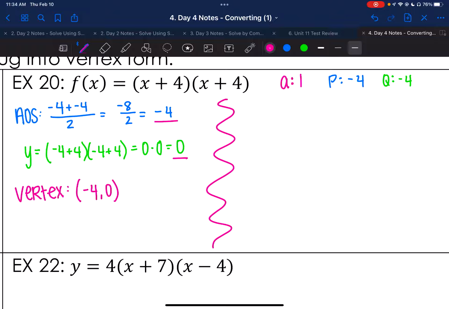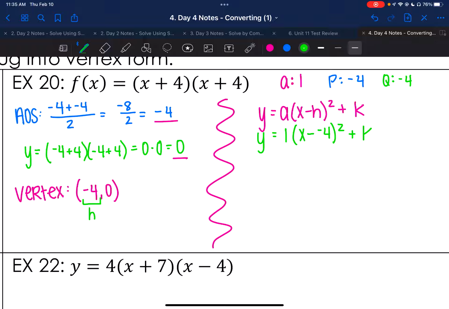Now we'll take that information and plug it into vertex form. My a value found originally was 1. x minus my h value, remember my h value is the x from my vertex, x minus negative 4 squared, plus my k value, which is my y value of my vertex, which gives me 0.